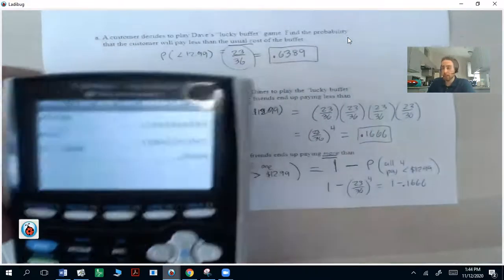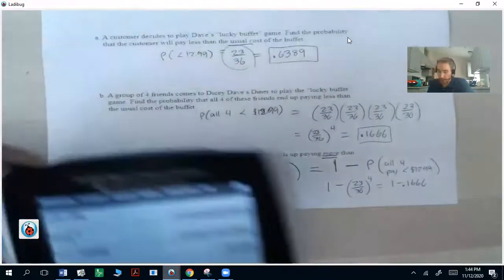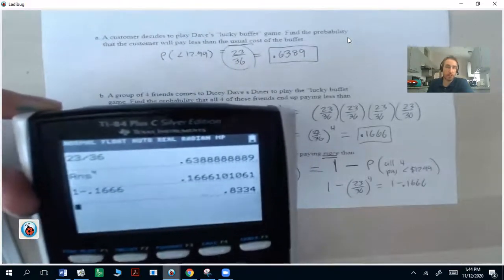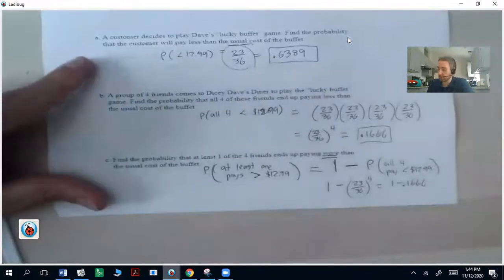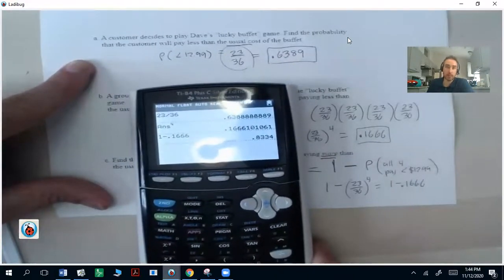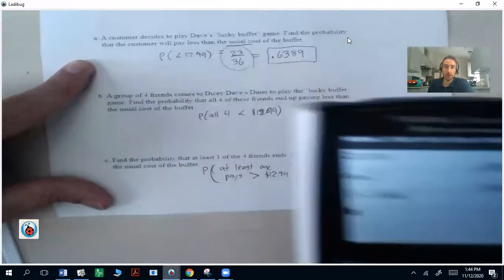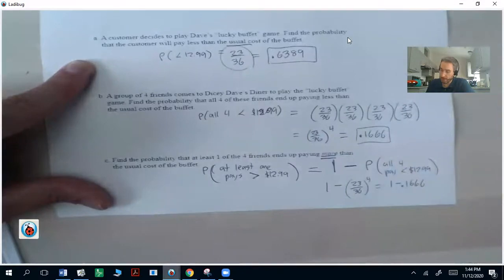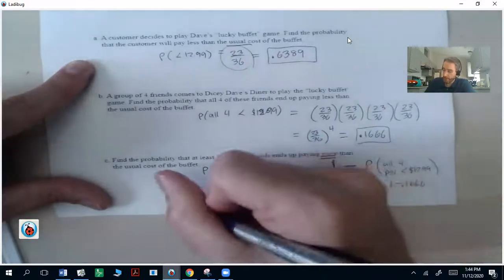So that's the probability at least one ends up paying more than the usual cost. That's pretty reasonable, because if you had 4 people, it would be rational that probably one of them would pay more than the usual cost of the buffet. So 0.8334.